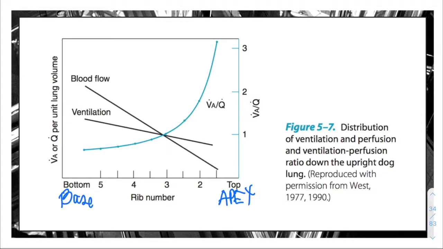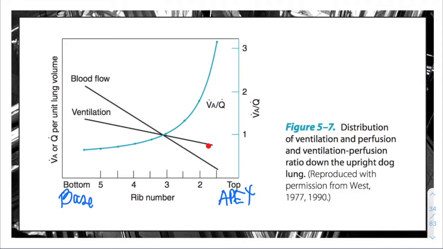Looking at this graph, from the apex to the base, because of gravity, there is greater blood flow at the base compared with the apex. Because of gravity, the alveoli at the apex are more distended.